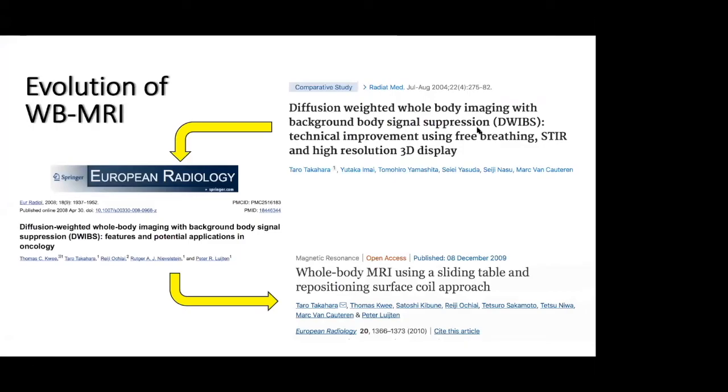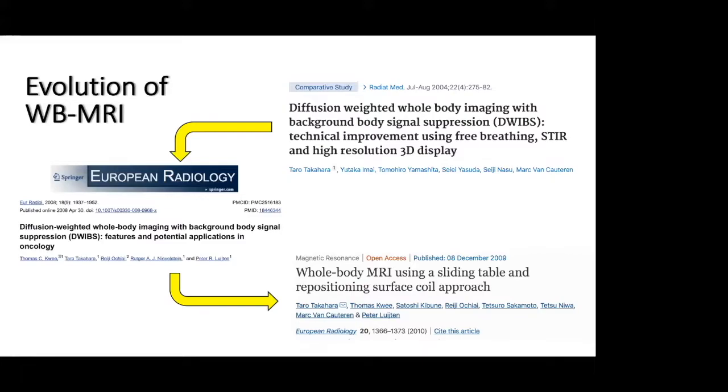The first paper dates back to 2004, and it was Takahara, a Japanese radiologist, who actually created the sequence. He coined it DWIBS, diffusion weighted whole body imaging with background body signal suppression, so fat suppression, with free breathing and STIR.